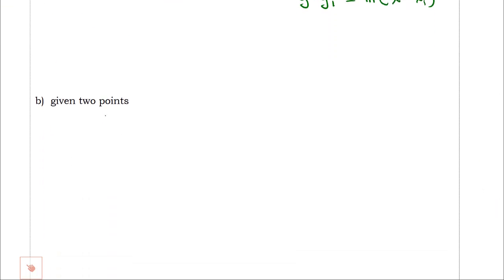If I give you 2 points, what should you find first? Slope.